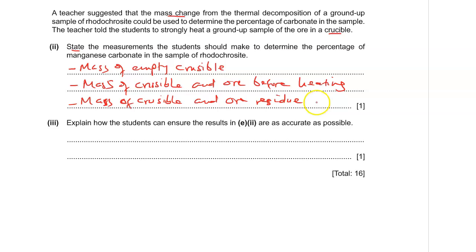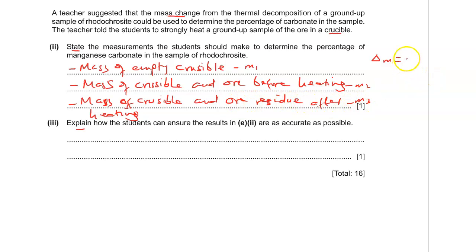After, of course, the ore has undergone thermal decomposition after heating. Then, of course, you can get the difference right there. So if this is M1, this is M2, this is M3, then the change in mass will be equal to the mass of the crucible before heating minus the mass of the crucible after heating.